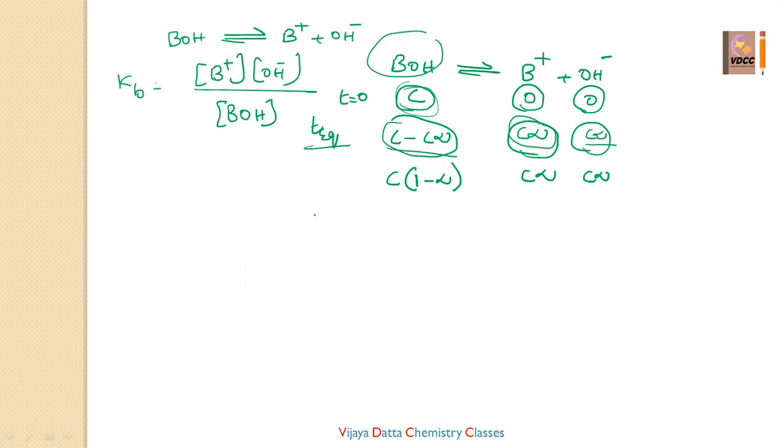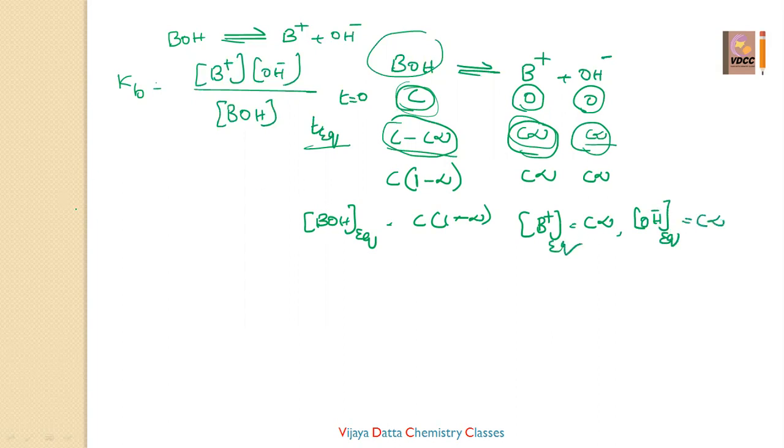So what is the concentration of BOH at equilibrium? It is C into 1 minus alpha. What is the concentration of B plus? It is C alpha. The concentration of OH minus at equilibrium is also C alpha.